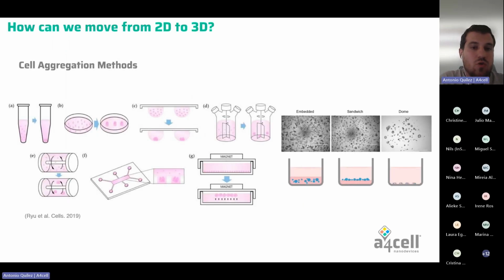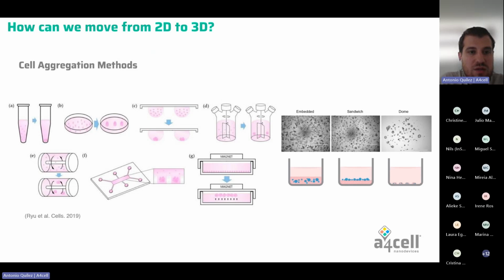So to produce this kind of 3D models, there are different strategies that many times include the aggregation of these cells. And for this, you can simply centrifuge the cells and obtain a pellet. So this way, you're forcing the cells to stick together instead of being in suspension. You can also prepare domes or extracellular matrix gels on your Petri dish.